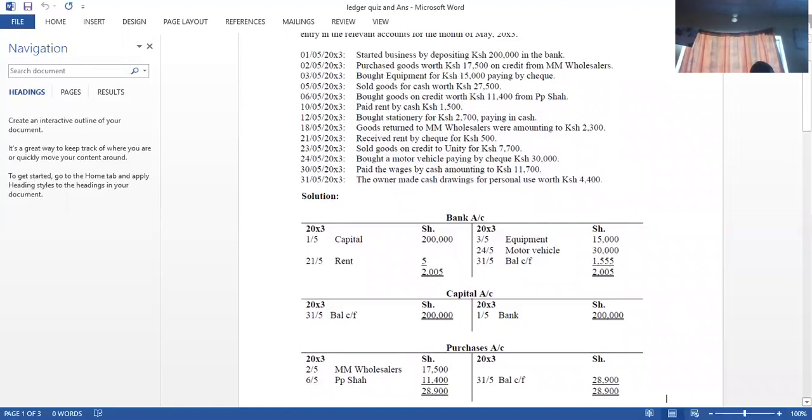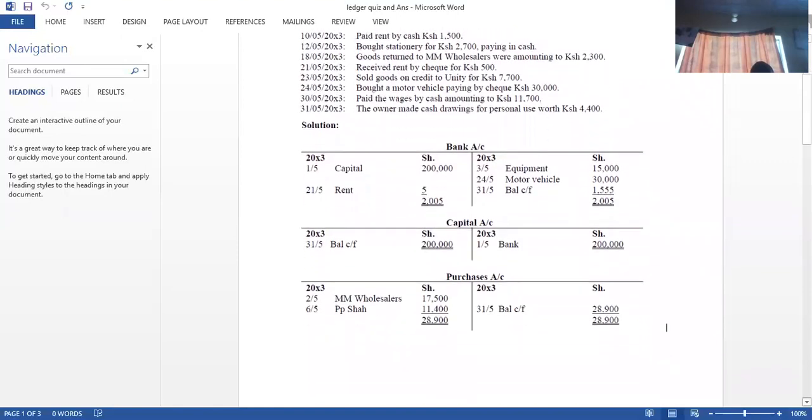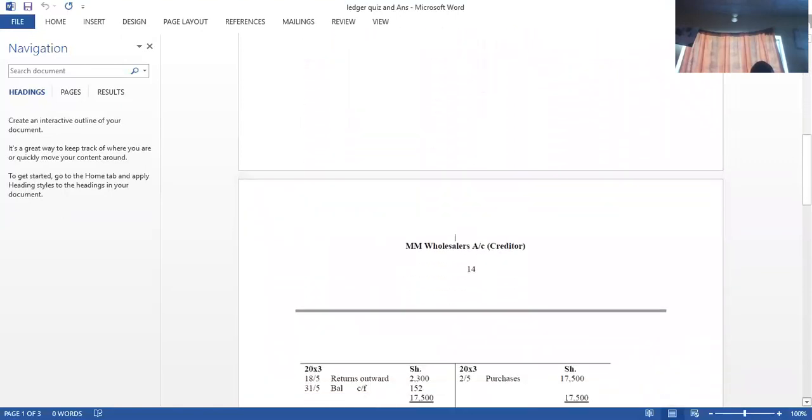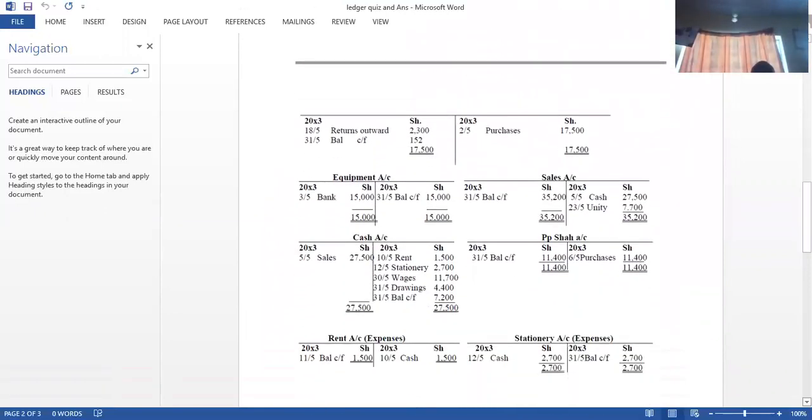So on the cash account, that entry is recorded on the credit side. Here on the credit side of the cash, we have the rent of 1,500. And then if you go to the rent account, because it is being paid, you will find that it is on the debit side, 1,500.